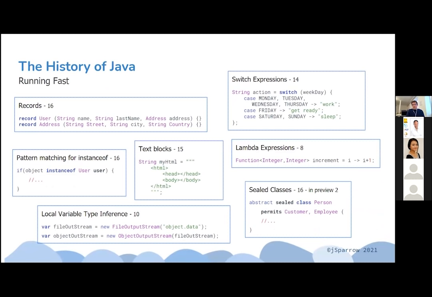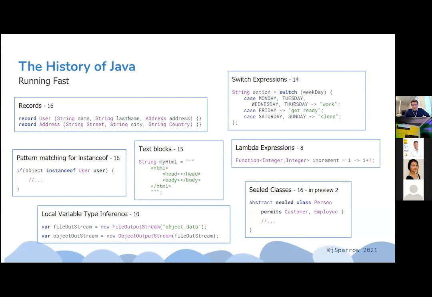The new release cadence, the 6-month release, is turning out to be very successful in regard to the new language features that are introduced into Java. So even though Java is one of the most senior languages in the market, they are introducing so many modern language features into the system.